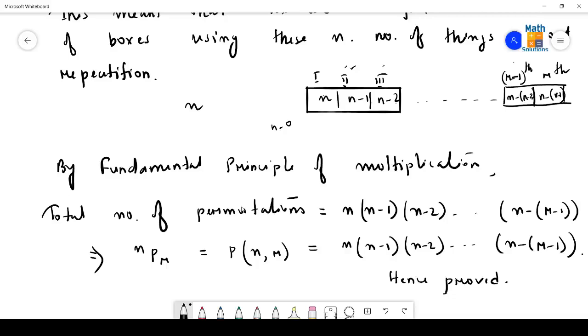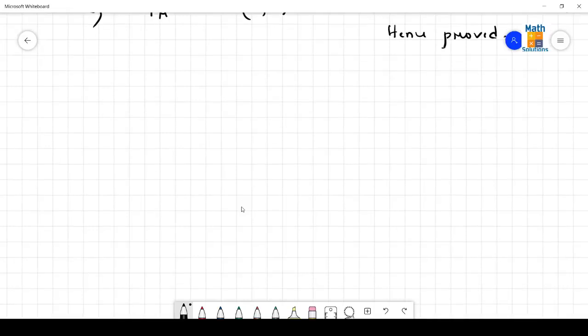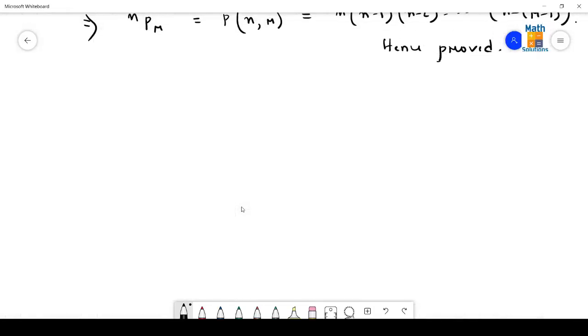So on the basis of this theorem, the second theorem can further be proved. Let us check how can it be done. So I am going to write here the statement of theorem 2.